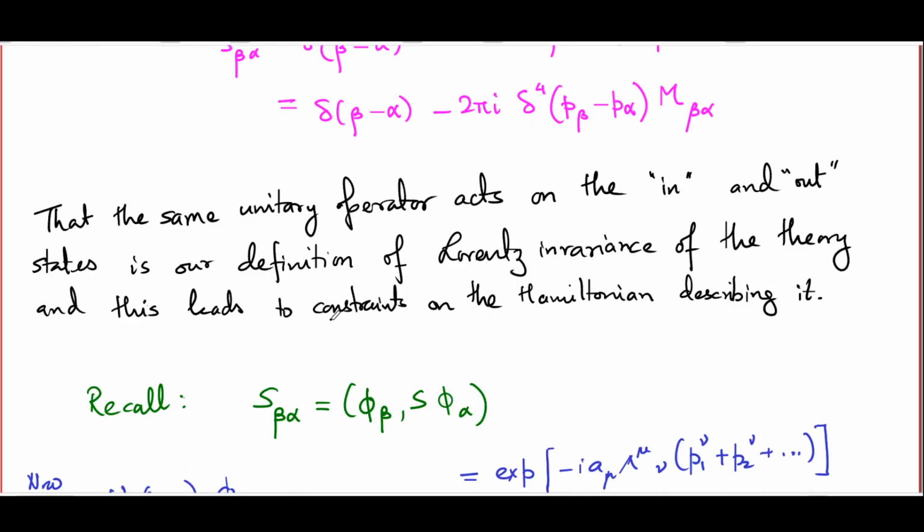Of course, our S beta alphas, the scattering matrix elements, are matrix elements of the operator S in the free particle states phi beta and phi alpha.